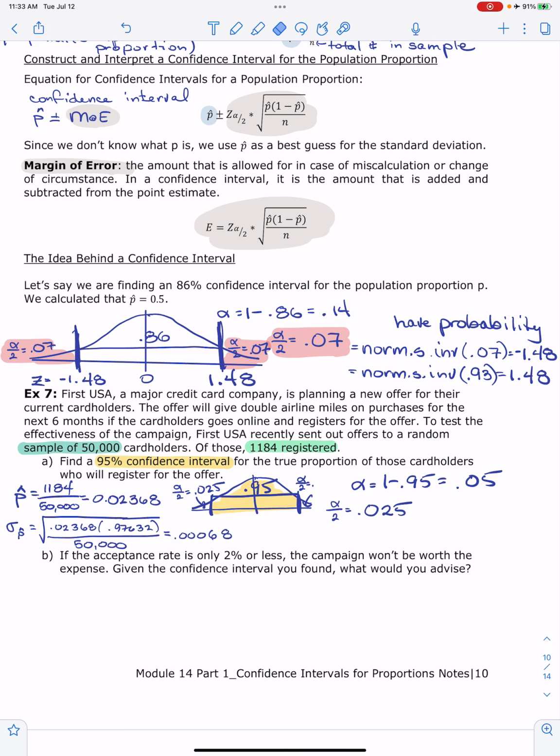I can make that a little more readable. Now, I know what p hat is, I know what the standard deviation is, so I don't need to use norm.s.inverse. We're going to go with just norm.inverse.